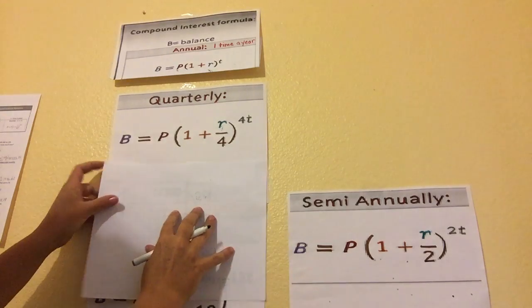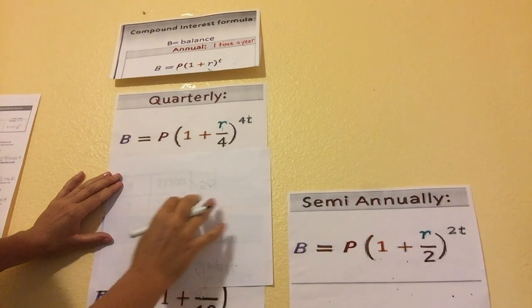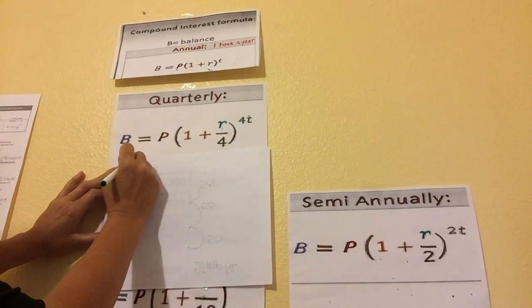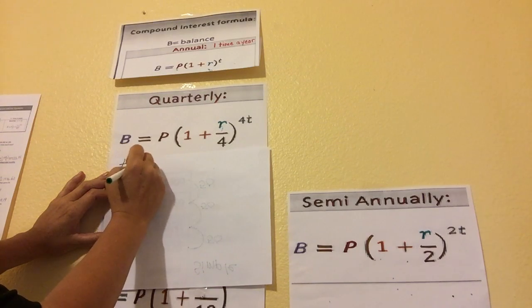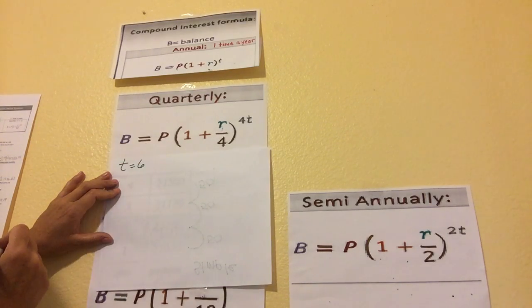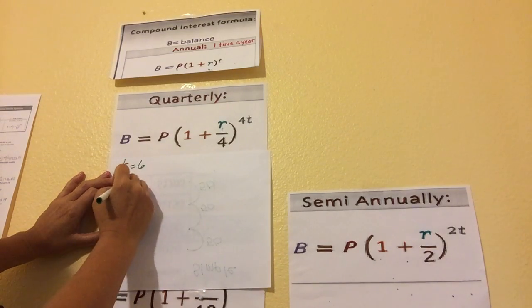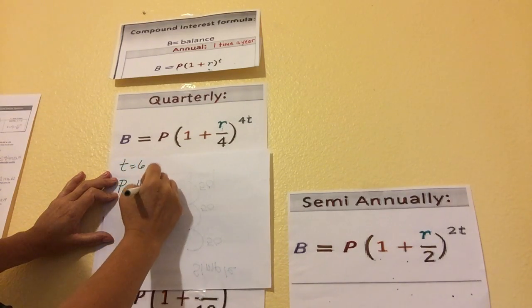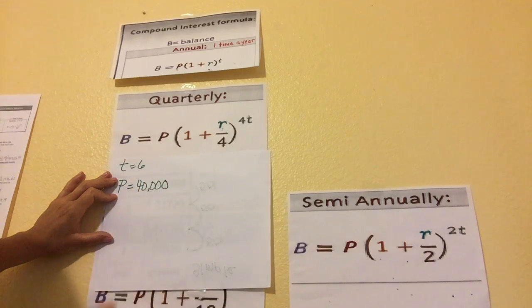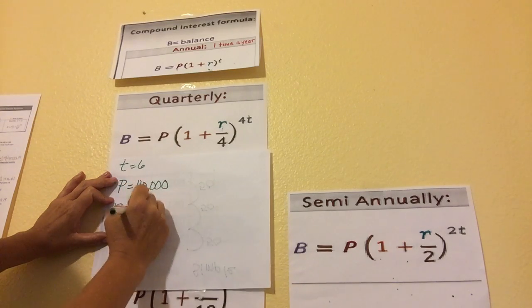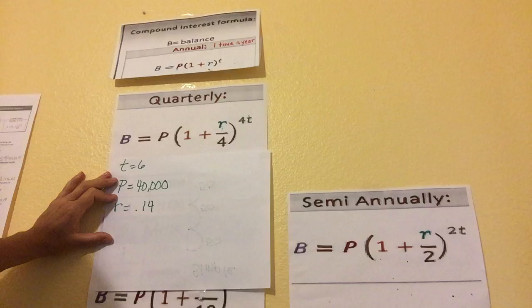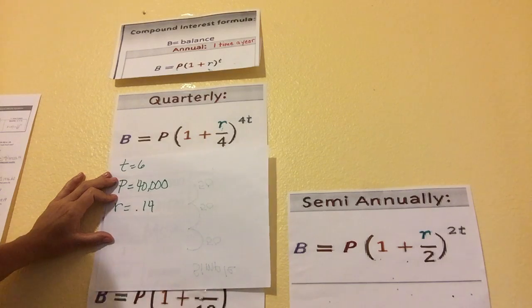So, let's look at that. So, we have 6 years. My time is 6. And my P equals 40,000. And my R equals 0.14. So now I'm ready to plug it all in.